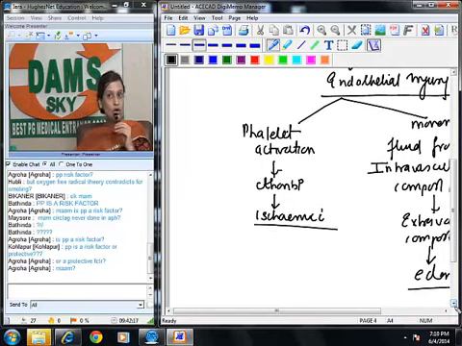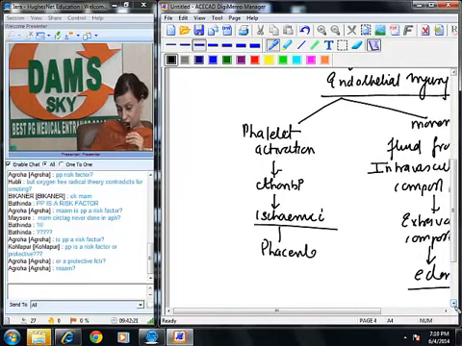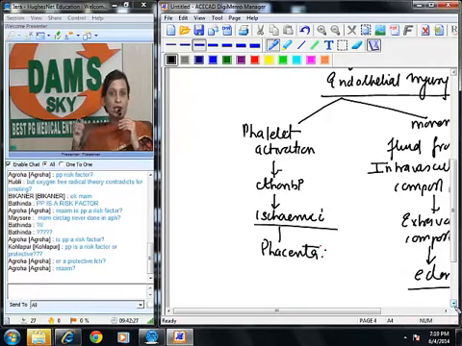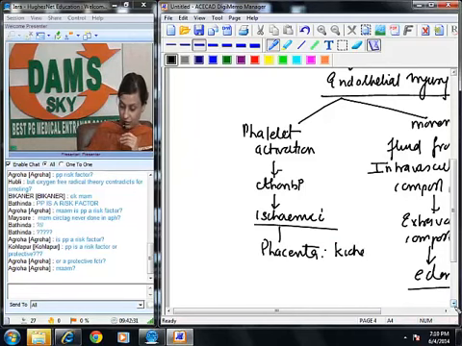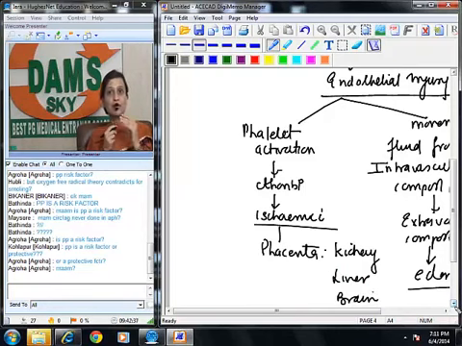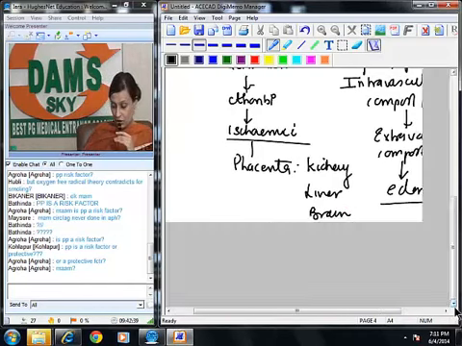It also occurs at the level of the placenta. So many organs are affected. The placenta itself is the cause and it is also being affected. Then kidneys are affected, liver is affected, brain is affected.